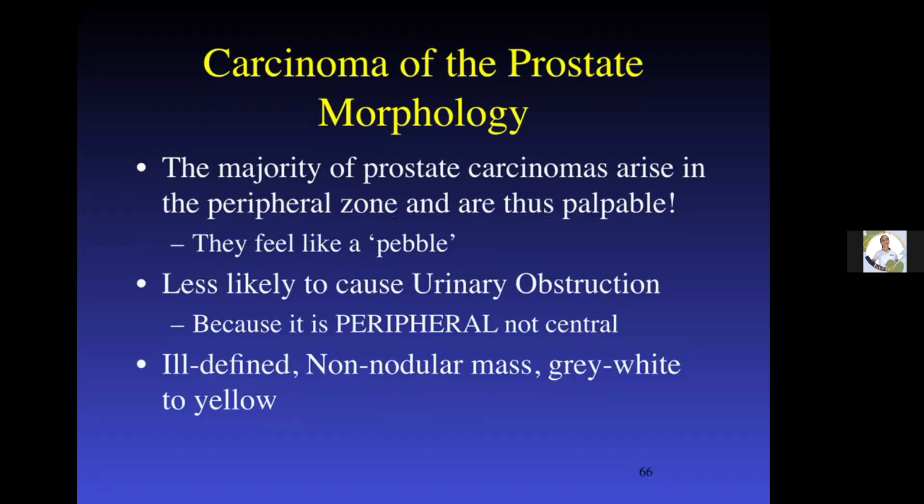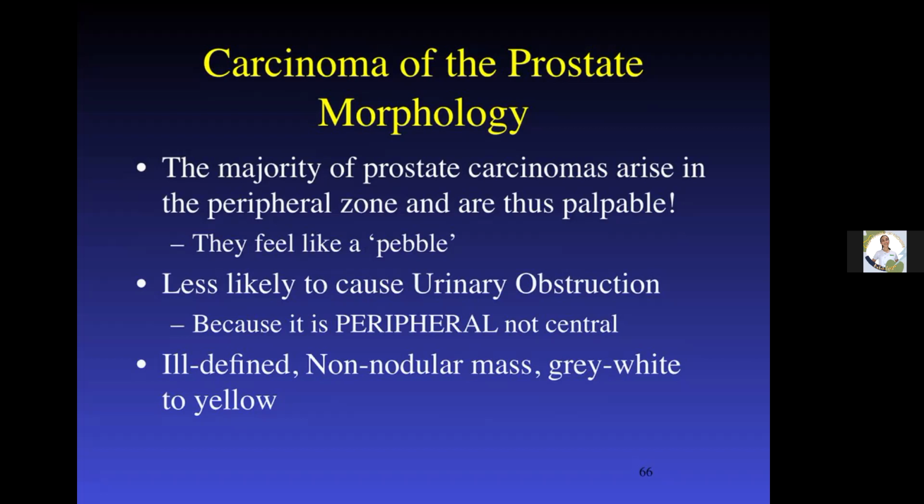So most of the time, prostate cancer arises in the peripheral zone. That's why they are palpable and feel like a pebble on rectal examination. So if you have prostate cancer, urinary obstruction is less likely to occur because the tumor arises in the peripheral zone, not in the central zone.